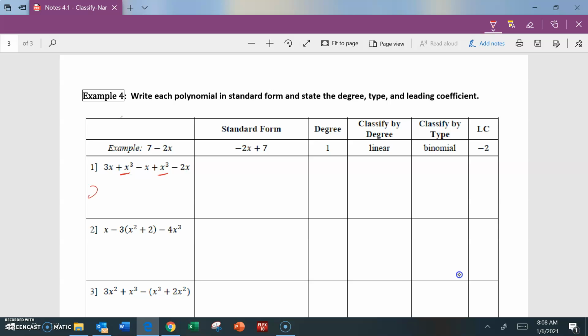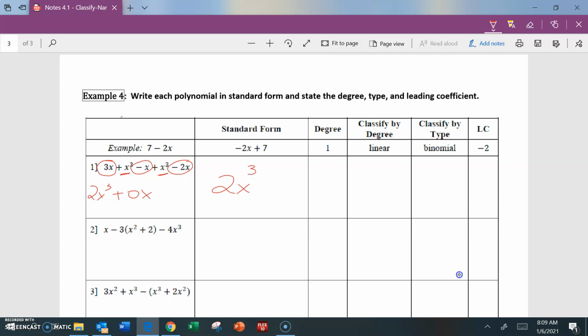So that is 2x to the third. We have a 3x and a minus 2x. Well, if you add those together, they cancel each other out. So you don't have to write 0x. I mean, you can if you want, but we wouldn't put that in the final answer. So in standard form, this simplifies to 2x to the third.